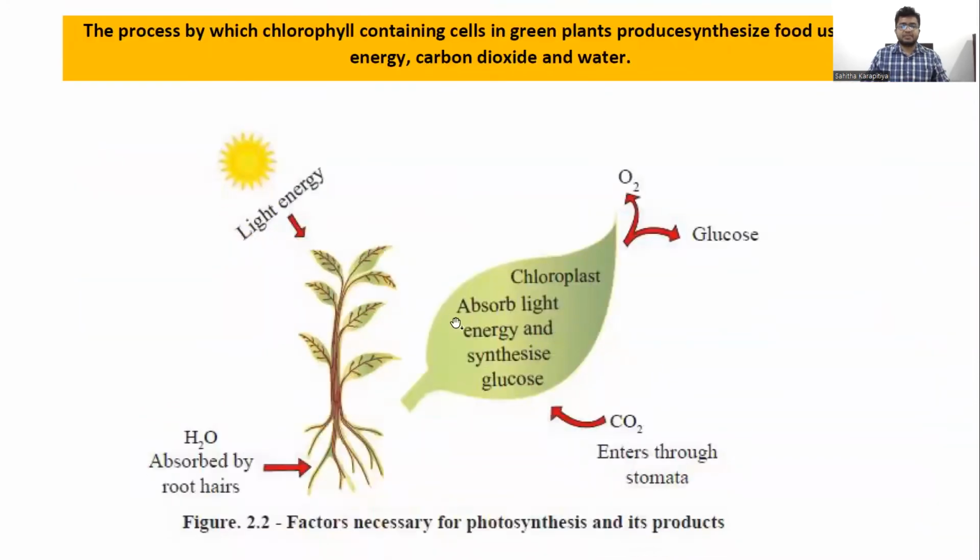This diagram from your textbook very well reflects what is needed for photosynthesis and what is produced by photosynthesis. As I already told you, photosynthesis needs light energy. It can be from the sun or any other light source.